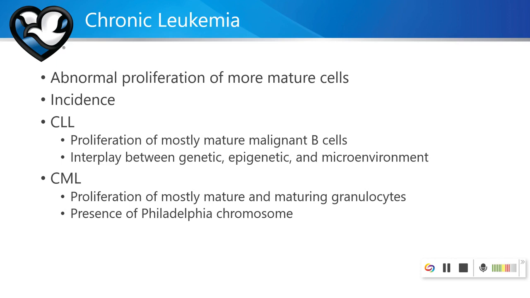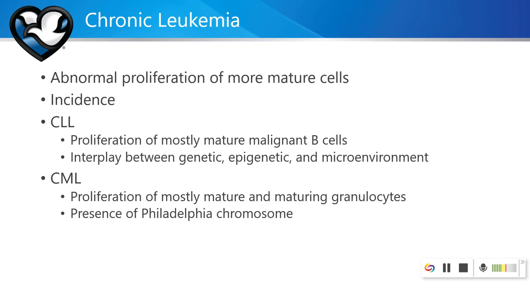CML is characterized by proliferation of mostly mature and maturing granulocytes that are fairly well differentiated. The form of CML is determined by the cell lineage, such as neutrophils or eosinophils. CML is classified as a myeloproliferative disorder, and the Philadelphia chromosome is present in 95% of patients.